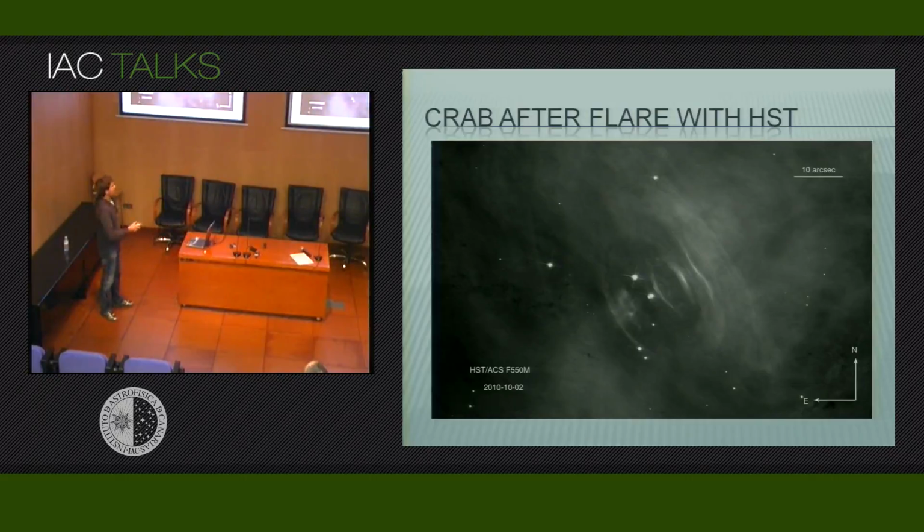And the theory is that because the flare was very short in time, only a few days or so, it cannot be the entire nebula that is changing. For the X-ray flux, maybe, because it goes over years, it can be a larger area, but the short time flux variability suggests that it's either very close to the pulsar, and you may just be able to see that here, there's another second very bright spot near the pulsar that could be responsible for it.